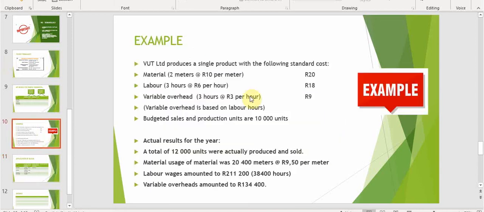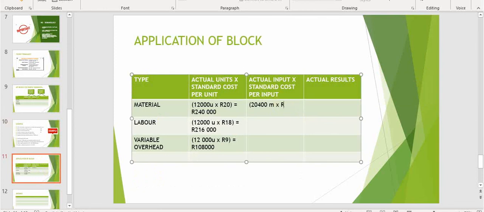So I'm going to go back to my standard cost, and now I need to look at the standard cost not per unit but per input, and that is 10 Rand that I see there. So I'm going to times it by 10 Rand, and I believe it is 204,000 that you will get there.